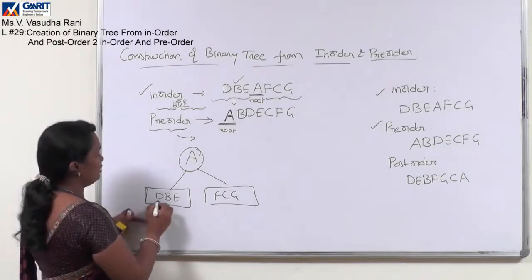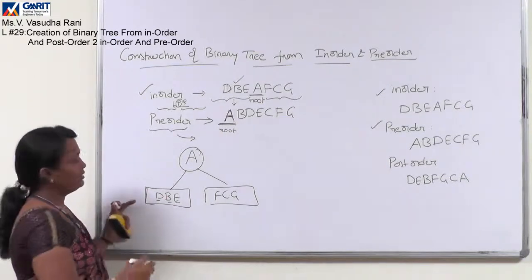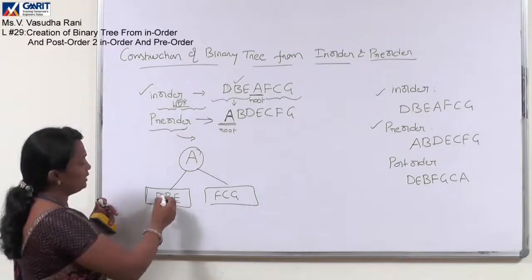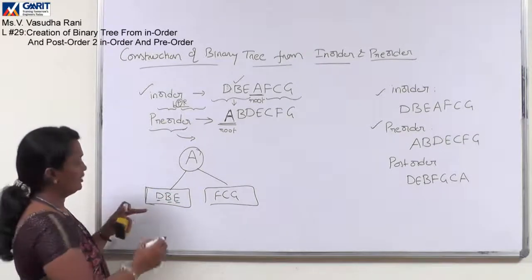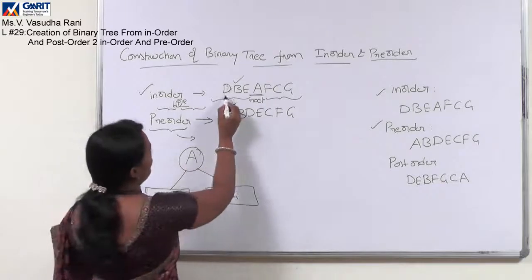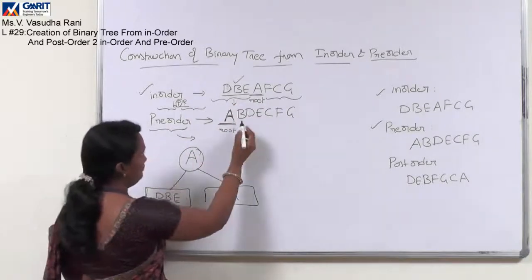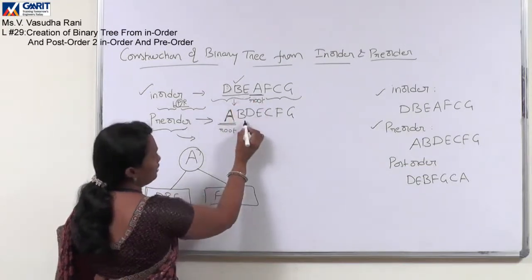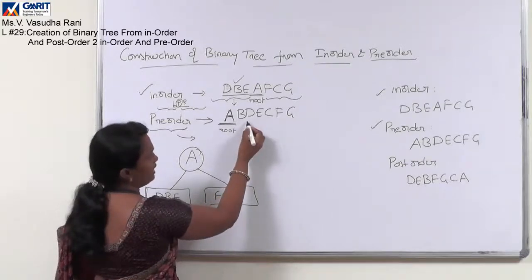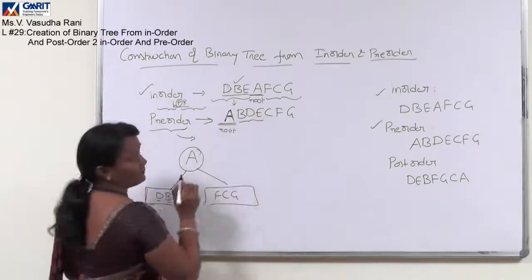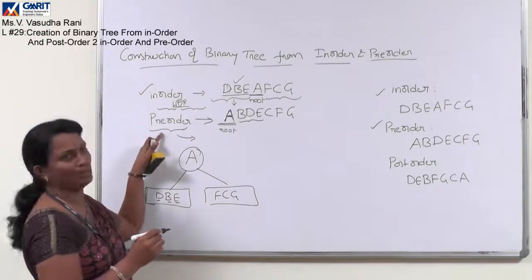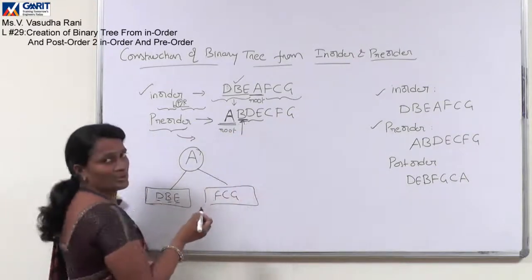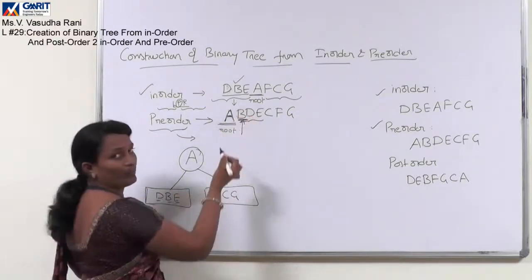Again here we have three nodes, so to place them in the corresponding positions we need to identify the next parent among DBE. Consider this sequence DBE, and in the pre-order we can see the same node characters in another sequence, BDE. As per the pre-order process, the parent node is at the first position, so B is the parent node.